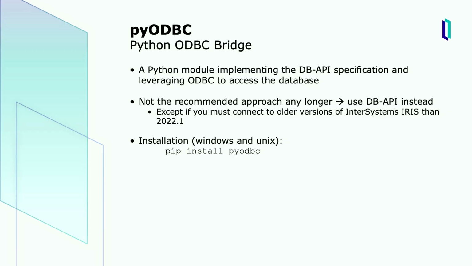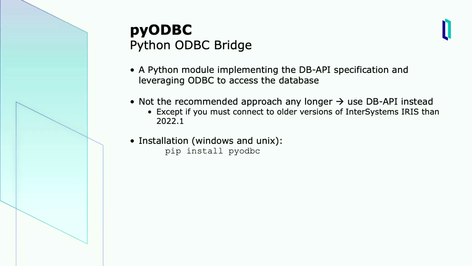The only reason why you would want to use the PyODBC implementation today is if you have to connect to an older Iris version prior to 22.1, because DB API just got introduced in that version going upwards. So that's the only use case where I would tell you to use the PyODBC bridge. Installing it is pretty simple and trivial.